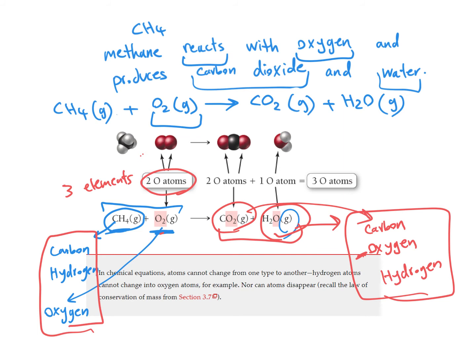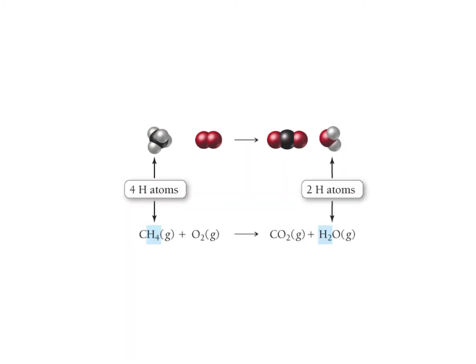How many oxygen atoms in total do you have on the right? 3, right? So if you write the equation as it is, the law of conservation of mass is not preserved, because the law of conservation of mass told us matter is not created nor destroyed, right? So whatever number of atoms you have on the left, you should have the same number of atoms on the right.